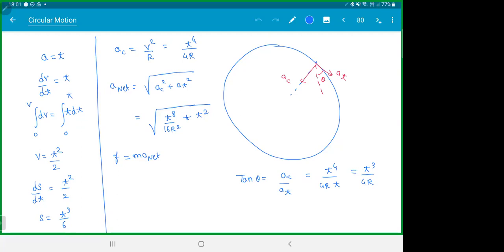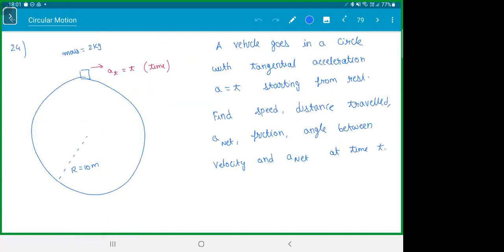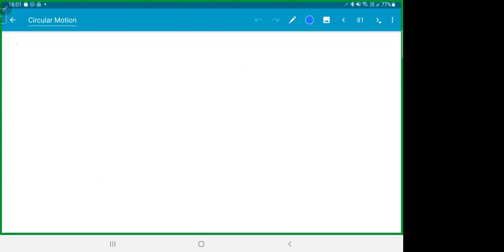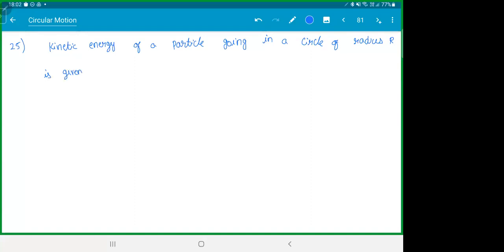Let's start off with a question. The kinetic energy of a particle going in a circle of radius r is given by K equals b s square.